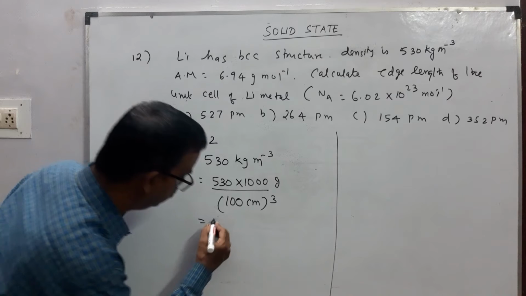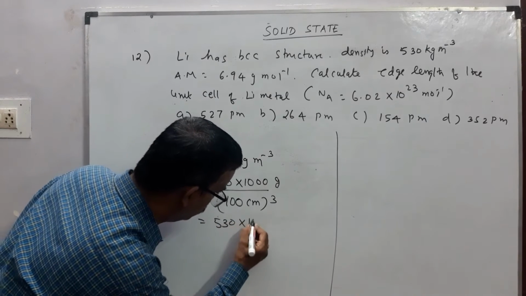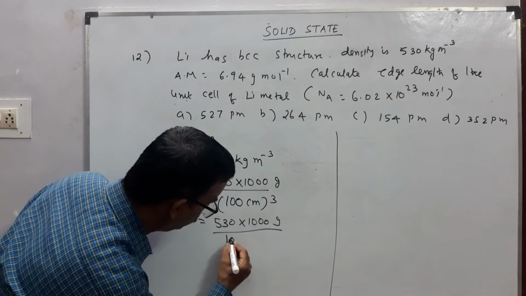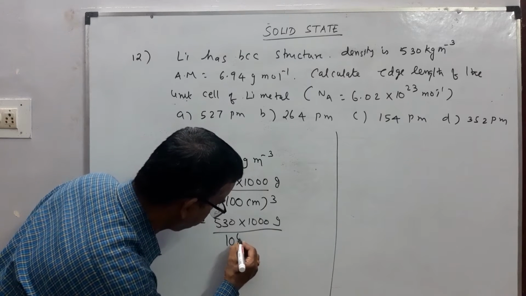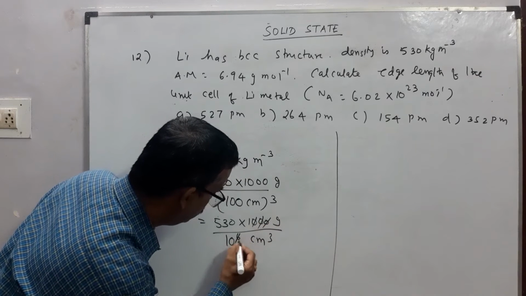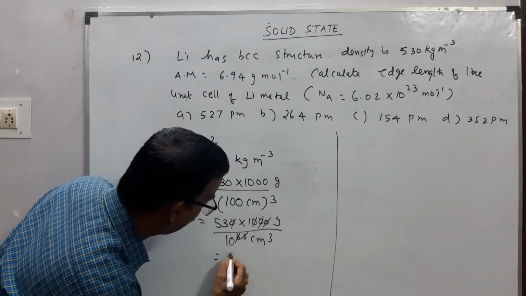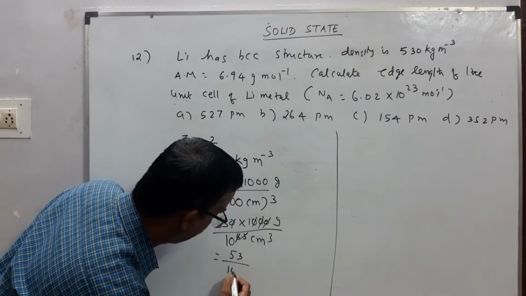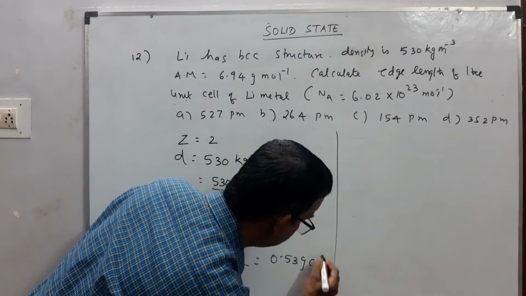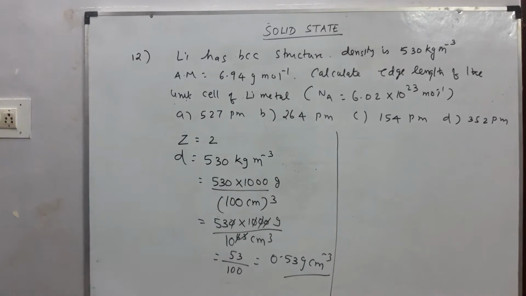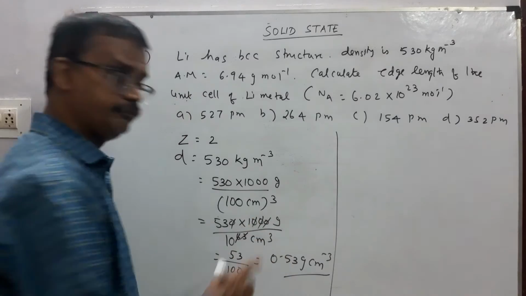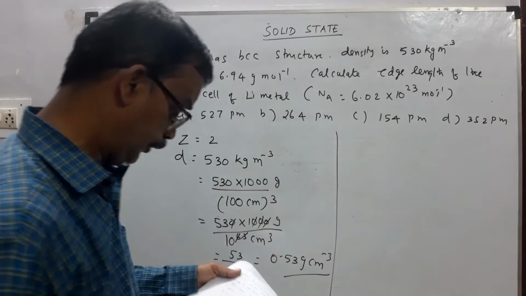That's equal to 530 into 1000 gram divided by 10 to the power of 6 centimeter cube. You get 0.53 gram per centimeter cube as the density value.